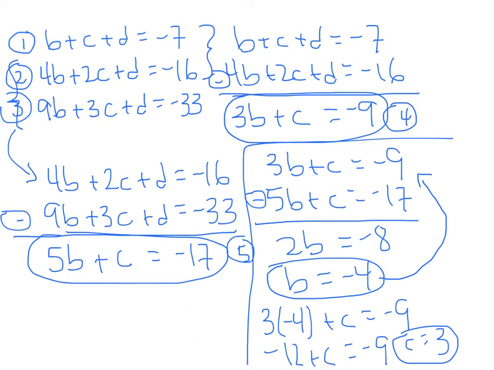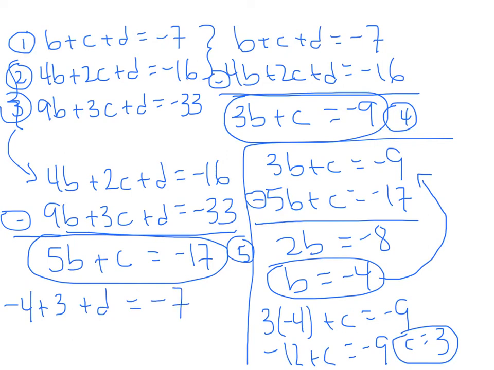We are almost done. I now have b and c and a, if you remember. So I can go back to any of these top equations, substitute in my b value and my c value, and I can solve for d. Using this first equation will be the easiest. I know I've written a lot on this slide, but it might be easiest if I just finish this off in this bottom corner here. So, filling in my b and my c value into this equation, it's going to be b plus c, so that's negative 4 plus 3 plus d equals negative 7.